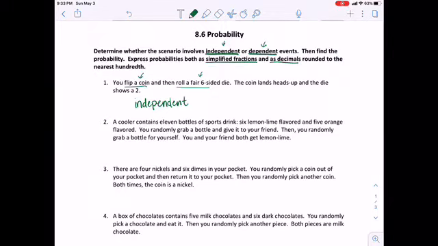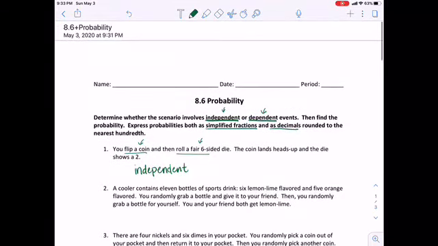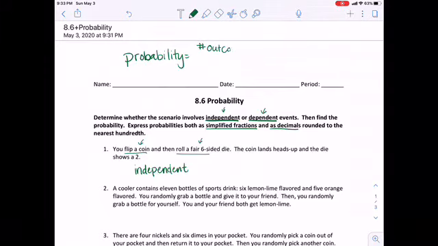Now, to find the probability, remember that probability is equal to the number of outcomes we want divided by the total number of possible outcomes.